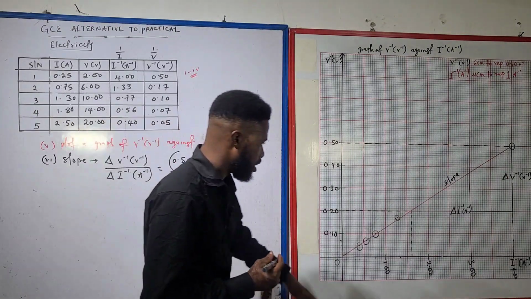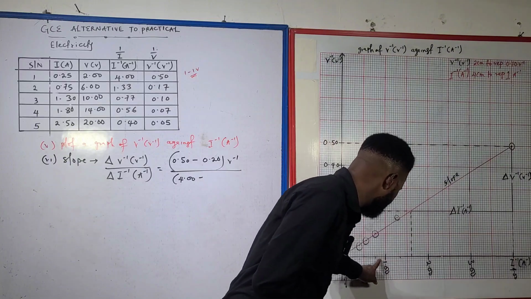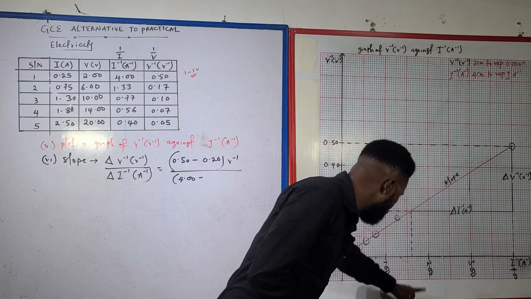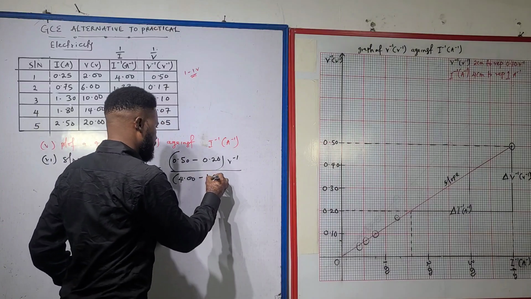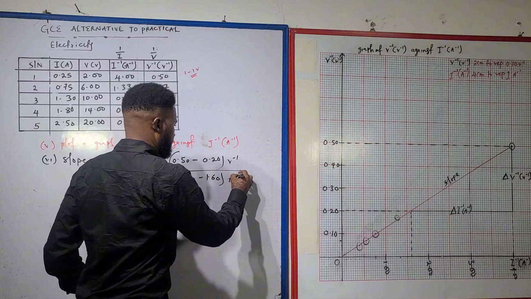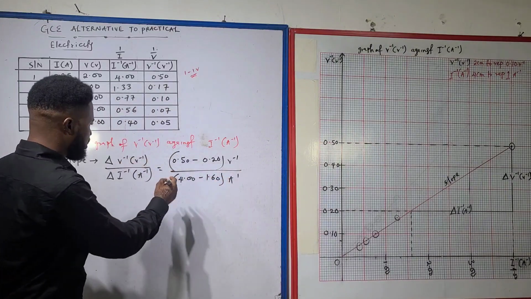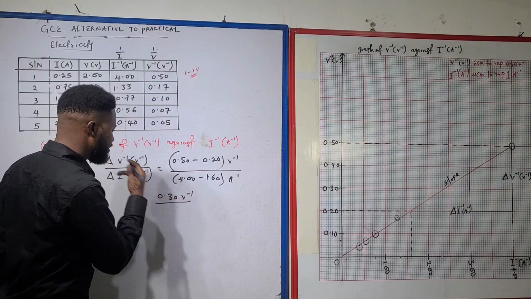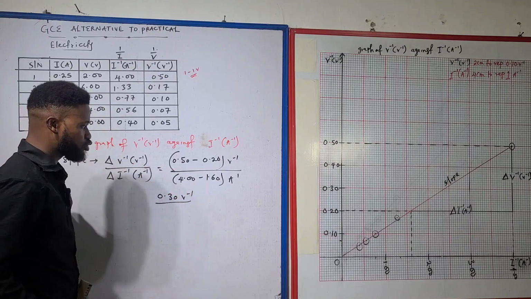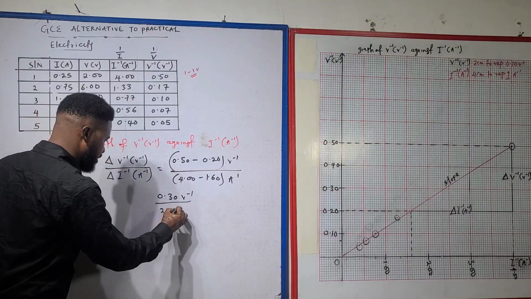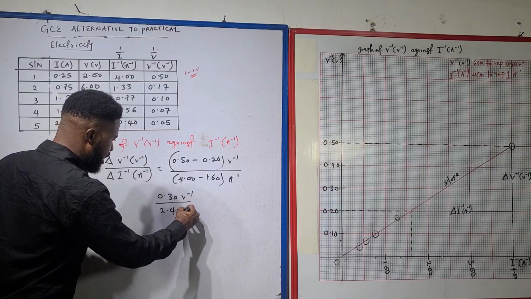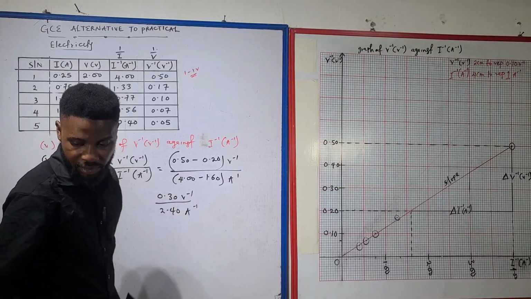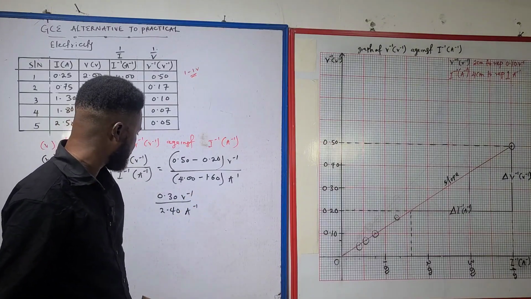Take out, this is 1, this is 1.5, 1.6. So if I compute this, it means 0.30 per volt divided by 4 take out 2.60, that is 2.40 per ampere. Let me quickly compute that.